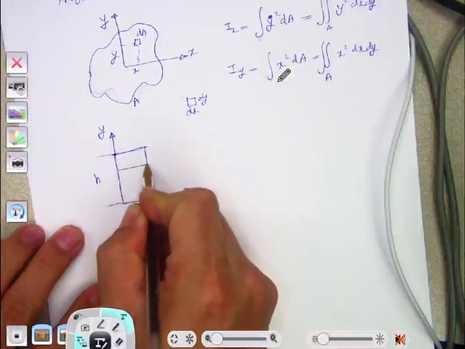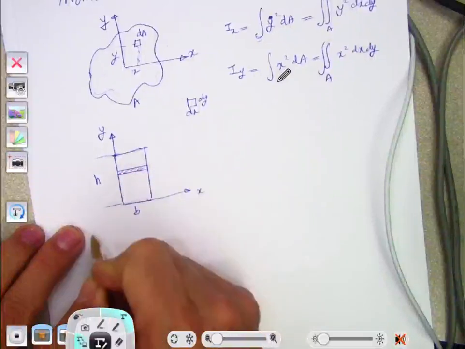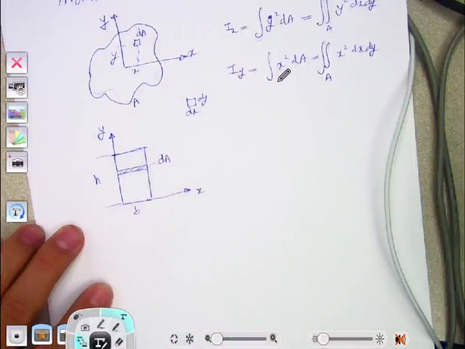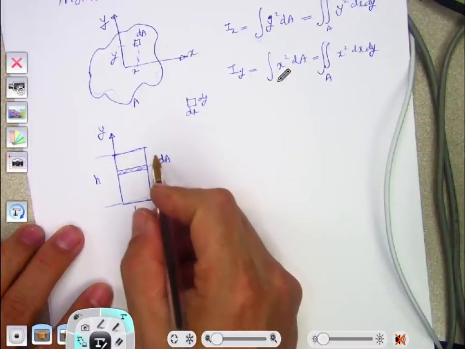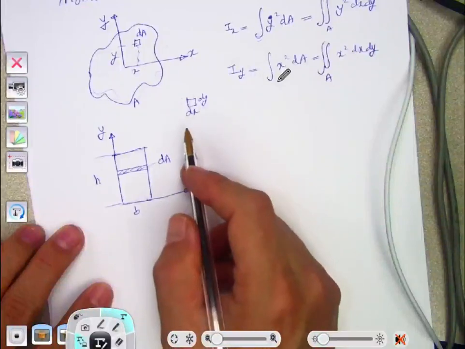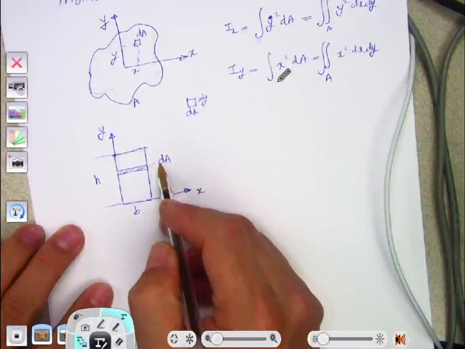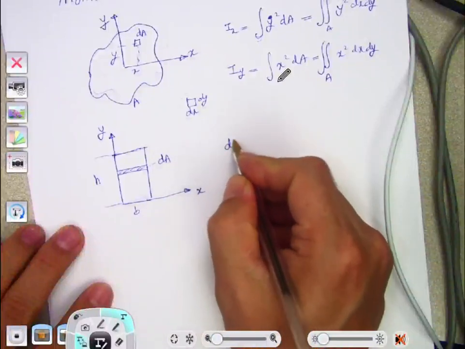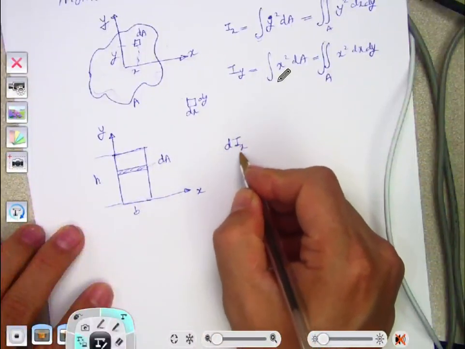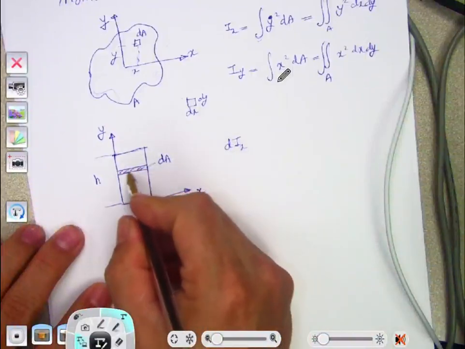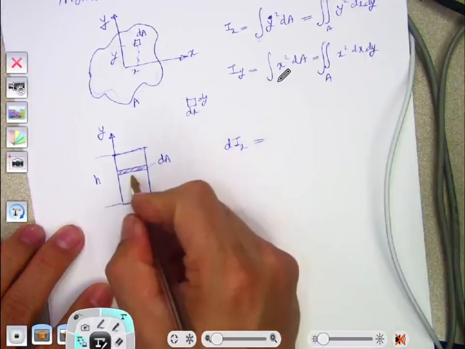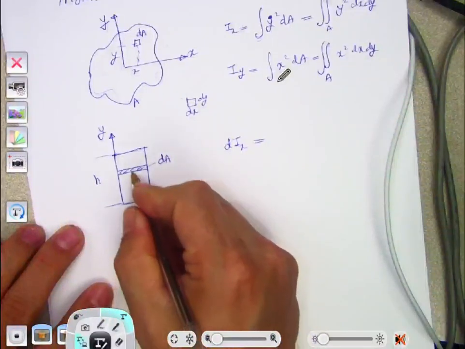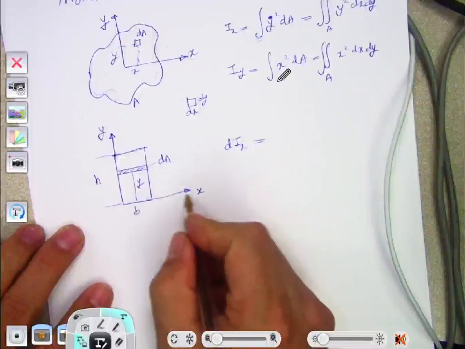If I consider my differential element like this, then this is dA. By the definition, what would be the differential moment of inertia about the x-axis for this shaded differential element? This shaded differential element has a distance of y from the x-axis.